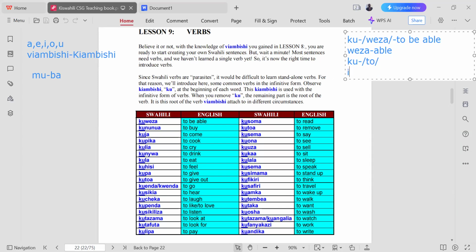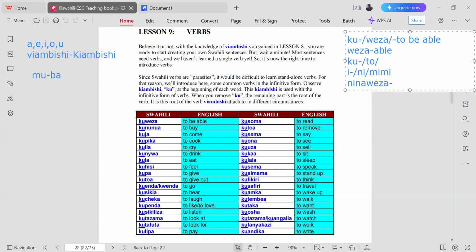I in Swahili is ni. I in Swahili can be ni or it can be mi. You remember when you're talking of Mimi? Yeah. So Mimi means I. Then I am able, in Swahili, the word will be ninaweza.